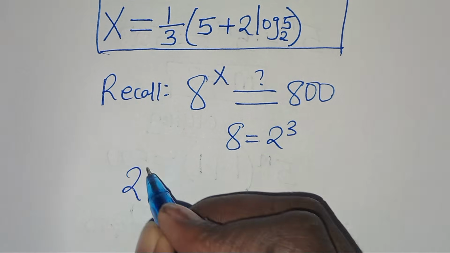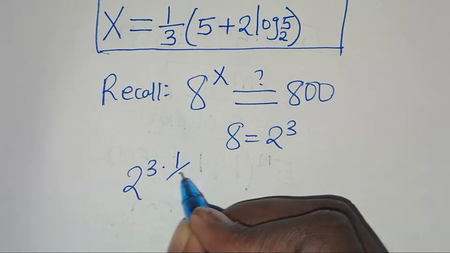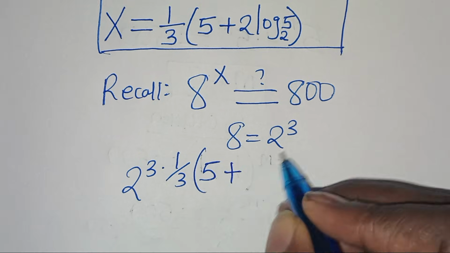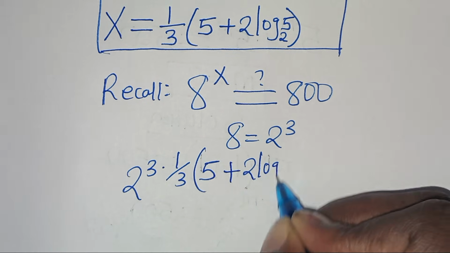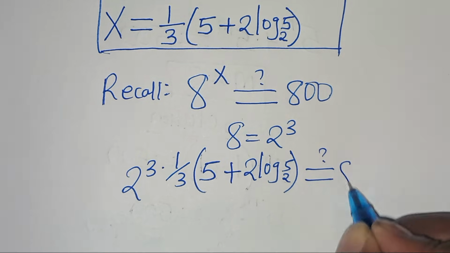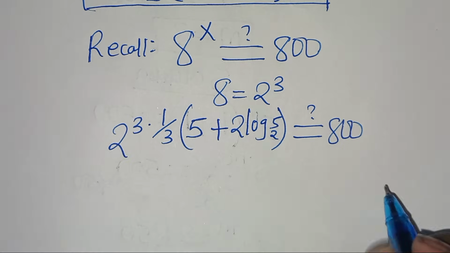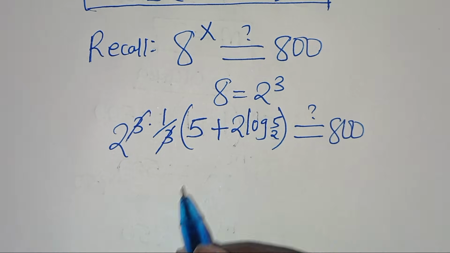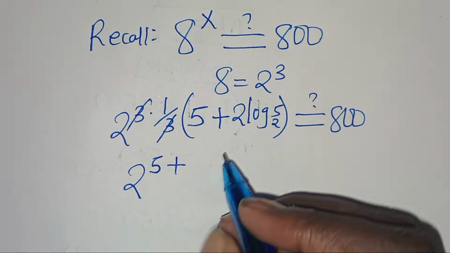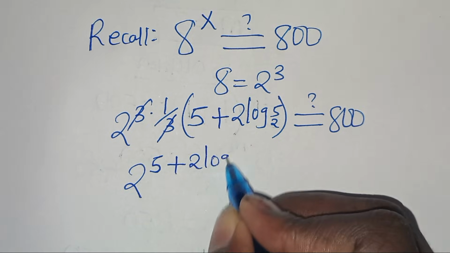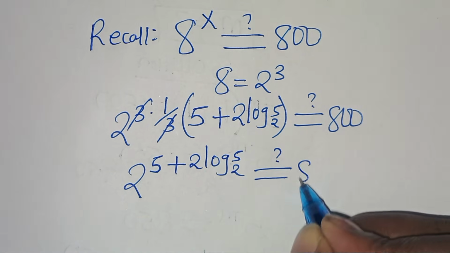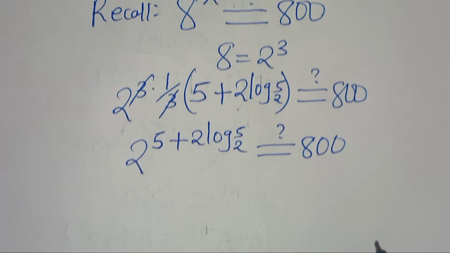So we have 2 to the power of 3 multiplied by 1 over 3 in the parentheses, 5 plus 2 log 5 to base 2. This is supposed to give us 800. Simplifying 3 and 3, we have 2 to the power of 5 plus 2 log 5 to base 2.